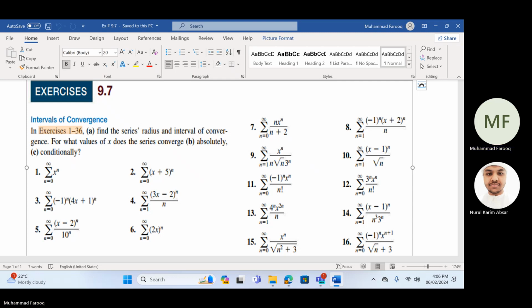Part A, you need the interval of convergence, capital I. Part B, you need the radius of convergence, capital R. And part C asks on which x values the series converges conditionally. You only get one question from 9.7, in three parts.